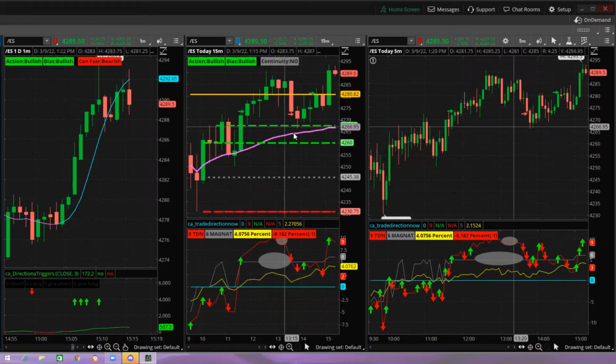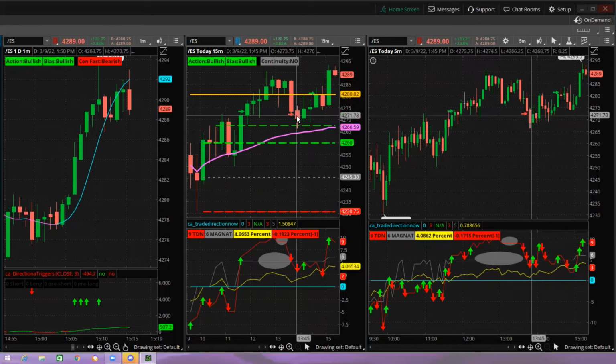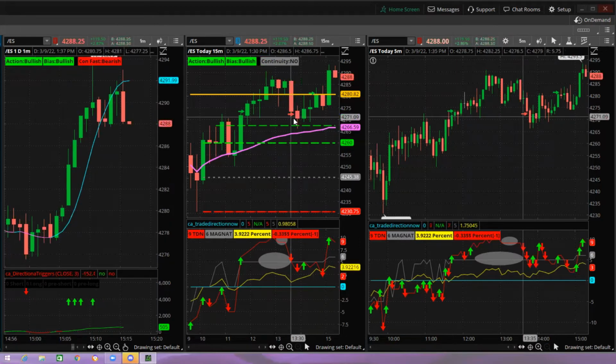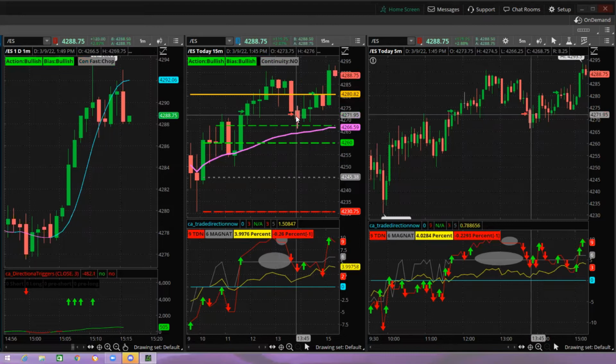If it's a sideways day, then I'm going to be very careful with my stops. So here on this trade, because I had a 5-6 magnet and I'm still above 0 on my TDN, I would have run a very tight stop on this trade had I taken it.